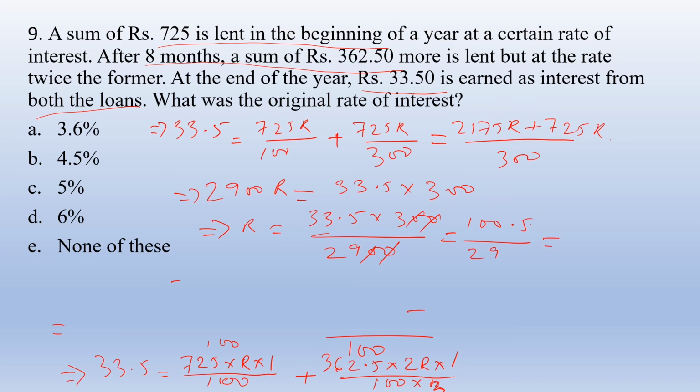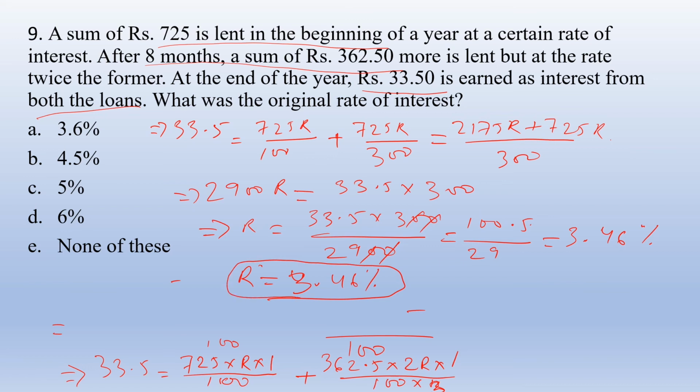Dividing by 29 gives 3.4655, so we'll just write 3.46%. So R is equal to 3.46%. This is the original rate of interest.